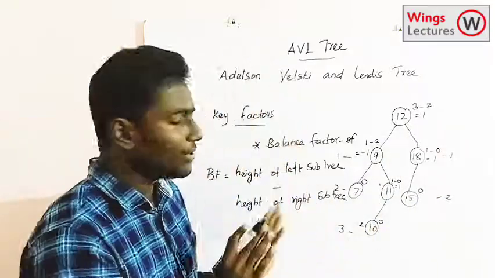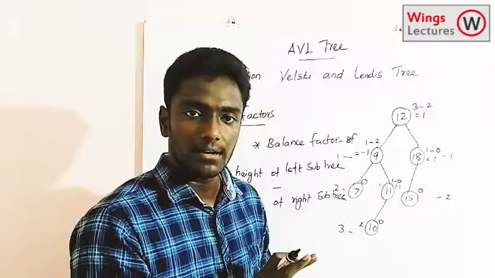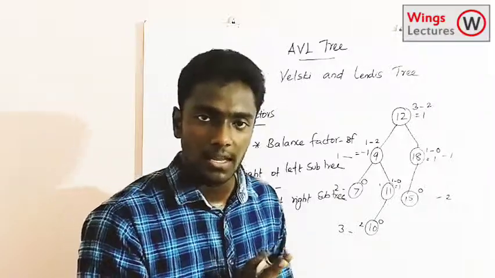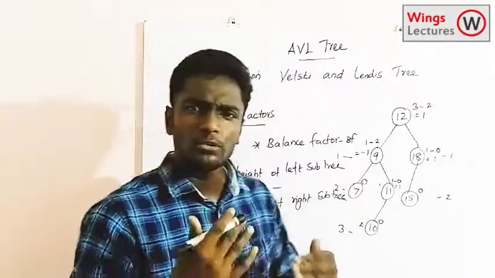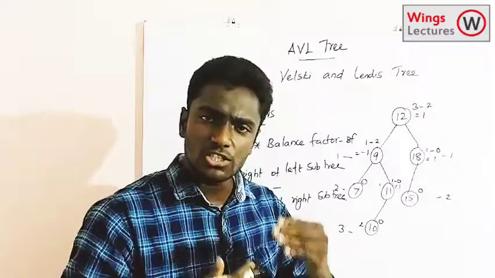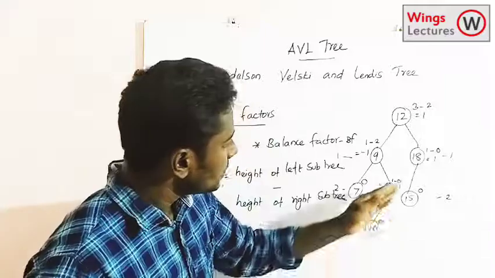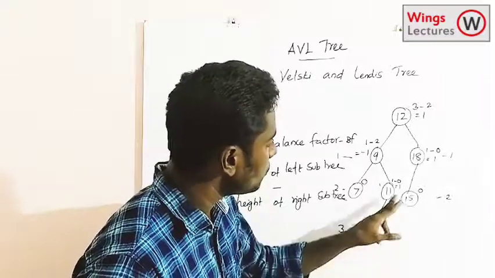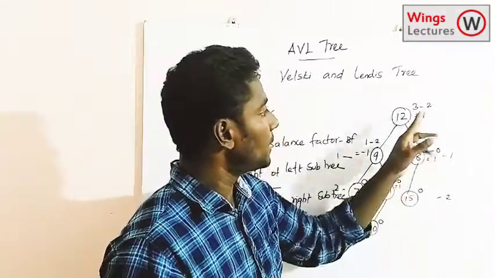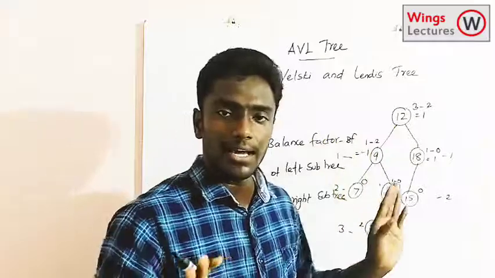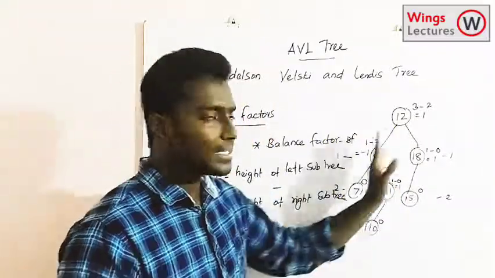Now we know how to calculate the balance factor of each and every node in the tree. But how are we going to balance the tree, and in which situation? Here the balance factors are 0, 1, minus 1, and these are the only values. So it's an AVL tree.